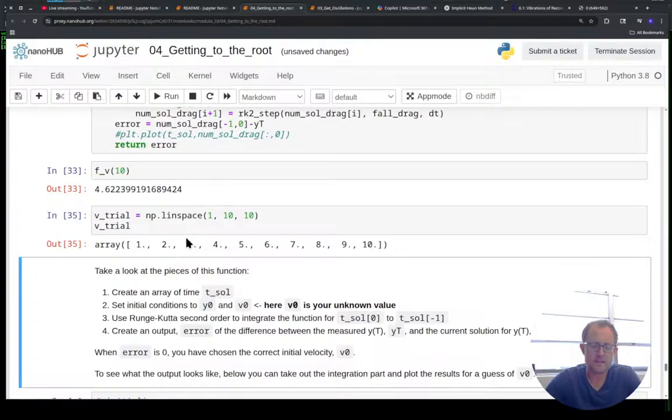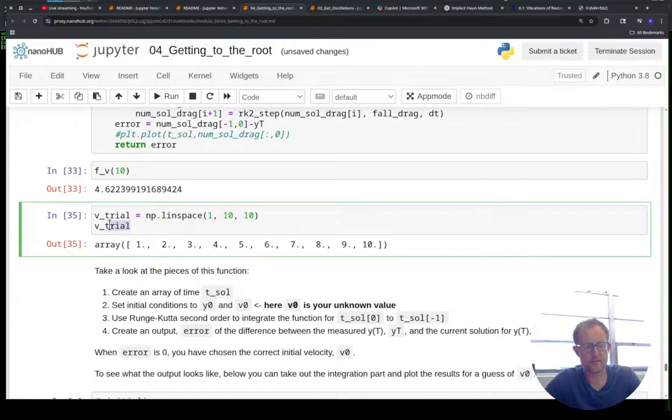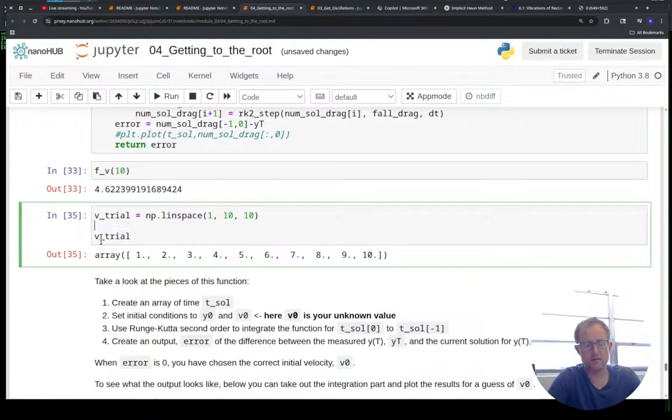So 1 to 10, 10 steps. I get 1 through 10, just like that. And what I'm doing is creating, I'm gonna tally up all the errors and plot them to see like what's happening here.